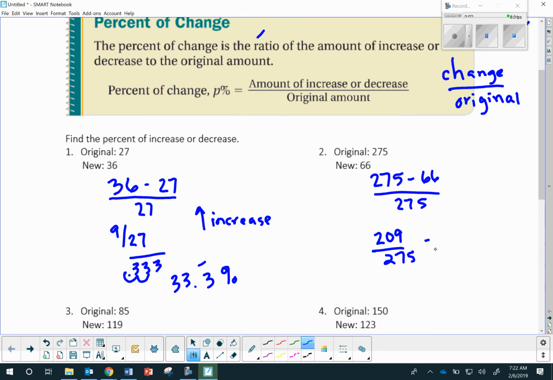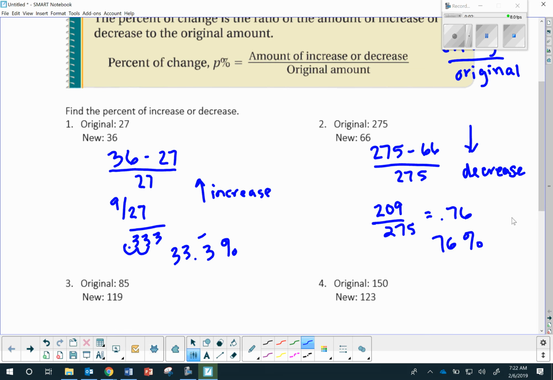That as a decimal is 76 hundredths. Again, that's 76%. This time, however, we are working with a percent decrease because our new amount is much less than the original. You can either draw arrows like I've done here or write the words increase or decrease.